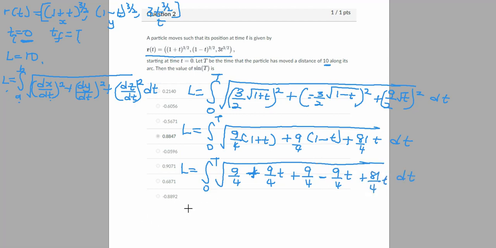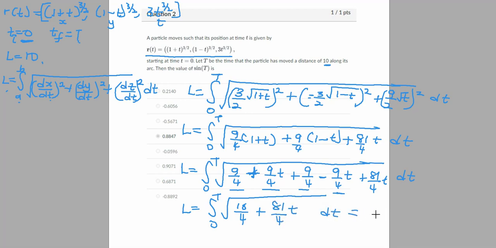If you arrange this, your L now becomes the integral from 0 to t, 9 over 4 plus 9 over 4, that will be 18 over 4. 9 over 4 t minus 9 over 4 t, that's 0. Then you have plus 81 over 4 t, dt.